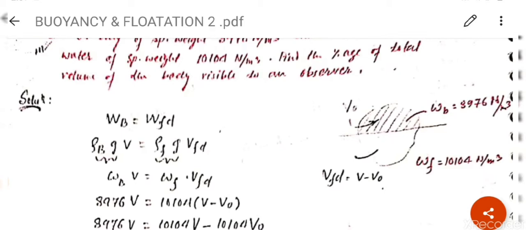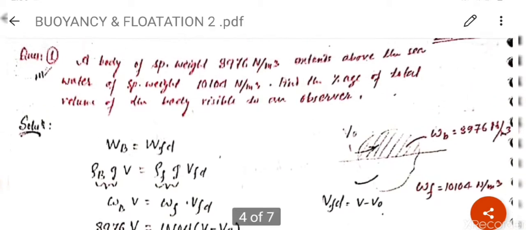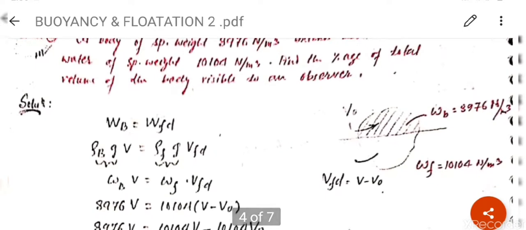Specific weight of the body is given in the question, that is WB, 8976 Newton per meter cube, and specific weight of the fluid, 10104 Newton per meter cube. So weight of fluid displaced will be weight of the body.